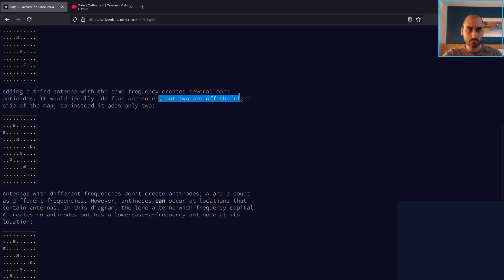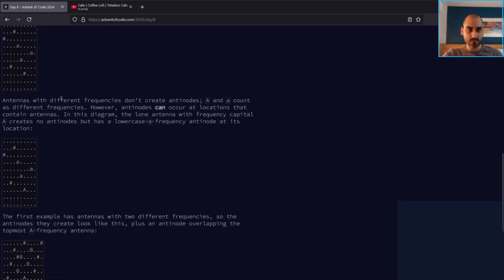Okay. Antennas with different frequencies don't create antinodes. Those are 2 different frequencies. However, antinodes can occur at locations that contain antennas. In this diagram, the lone antenna with frequency capital A creates no antinodes, but has a lowercase a frequency antinode at its location.